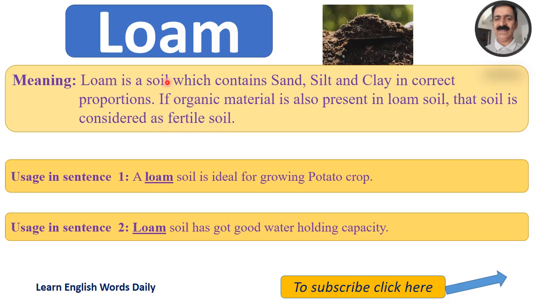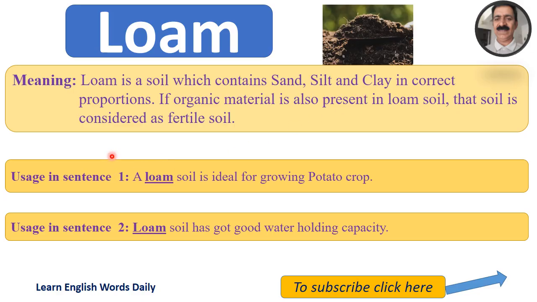That means in regular soil, sand, silt and clay may not be present in correct proportions. Sand may be higher, silt may be lesser, and clay may be more. So, a loam is the one which contains sand, silt and clay in correct proportions.